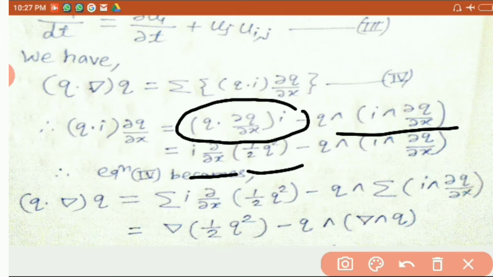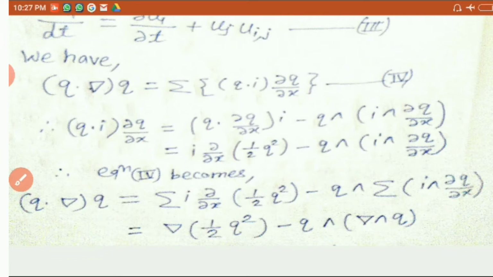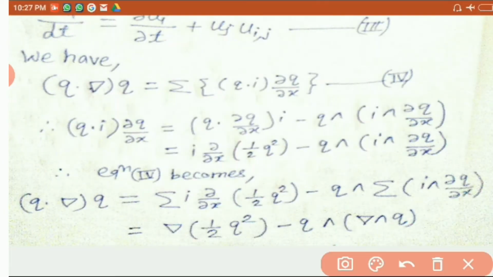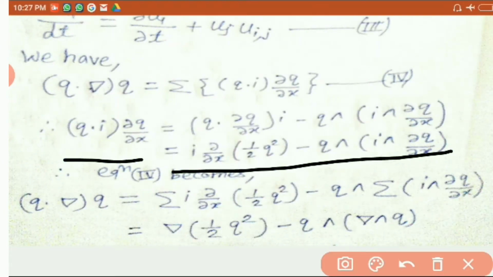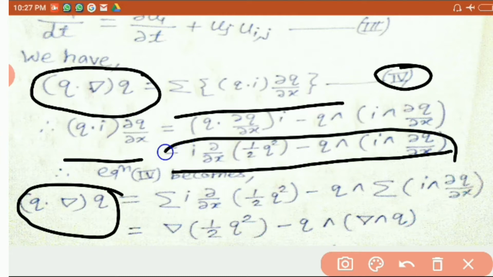This can be written in this form, i dou by dou x 1 by 2 q square, and therefore by using this, equation 4 becomes q dot del q as it is here, and in place of this summation q dot i dou q by dou x, we can write this term.